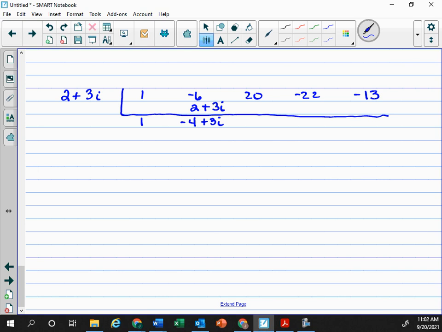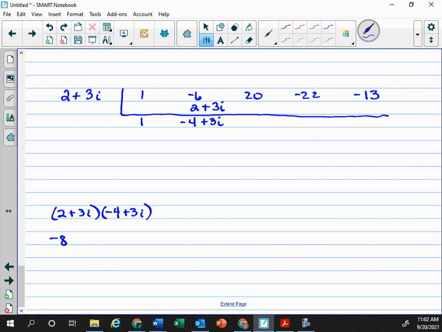You then have to multiply -4 plus 3i times 2 plus 3i. So you have to, like, off to the side, think about that. Do you see why I said the long division's actually easier on this one?